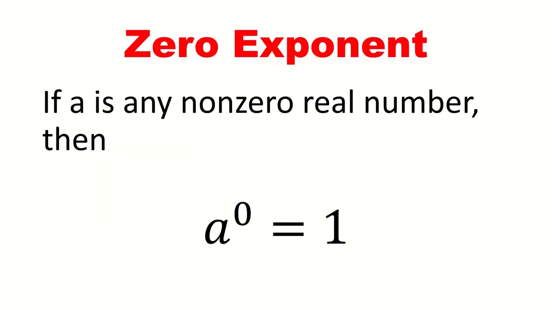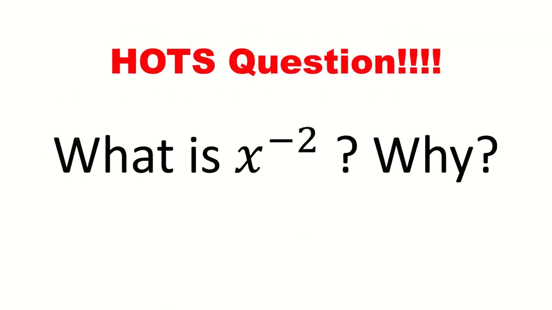Okay. So this is our next law. We call it the zero exponent. If a is any non-zero real number, then a to the power of 0 is 1. Okay. Sunod naman, what if yung exponent natin negative? So, ano yung x to the power of negative 2 natin?